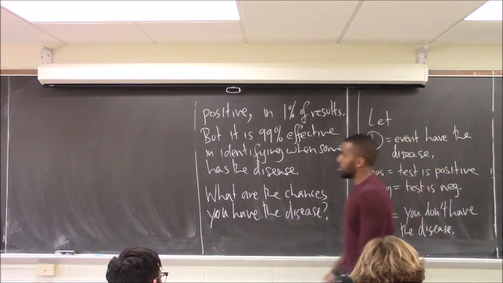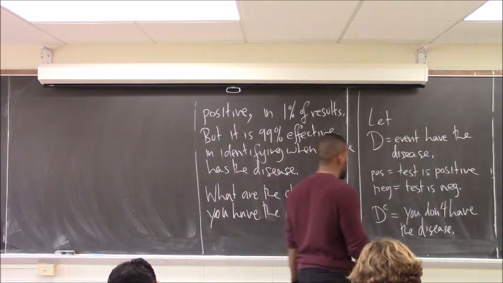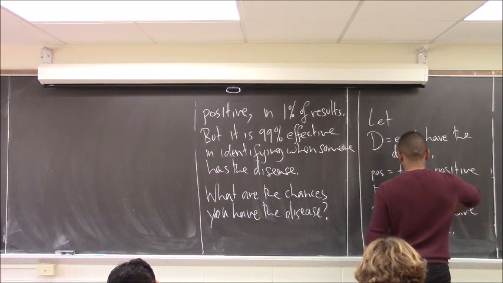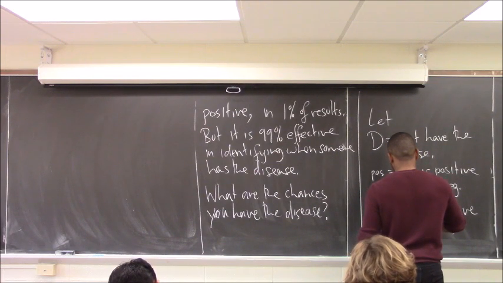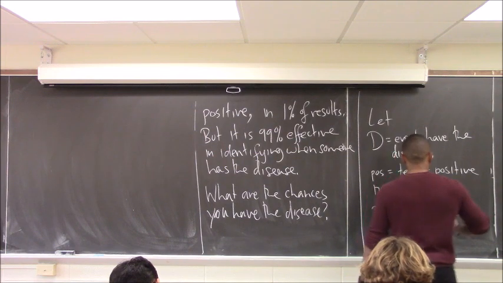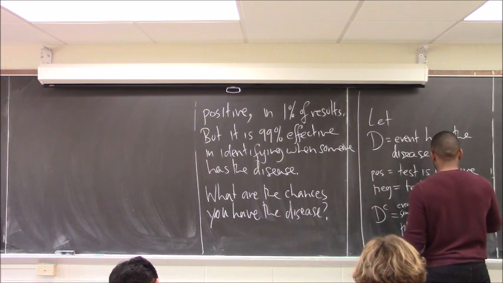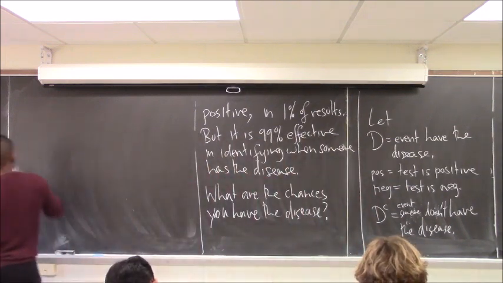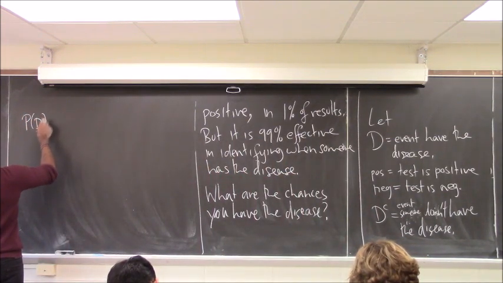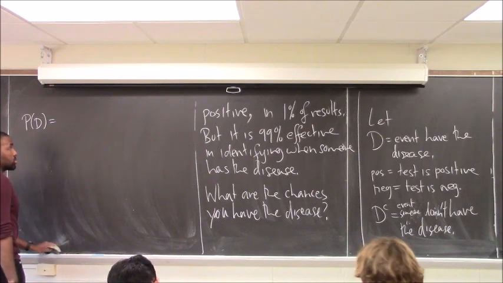What are we given? What do we know? Do we know the probability of having the disease? 1 in 10,000.